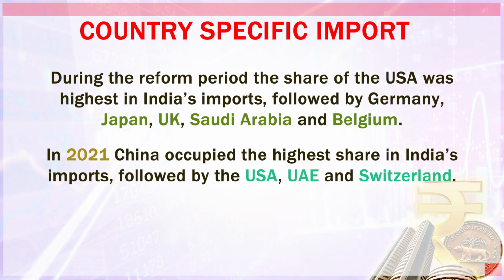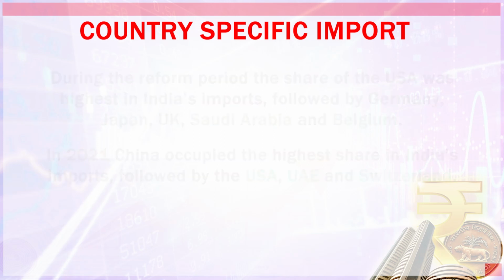And in 2021, China got the first position, and that means India is importing maximum of its commodities from China, followed by USA, UAE, and Switzerland.